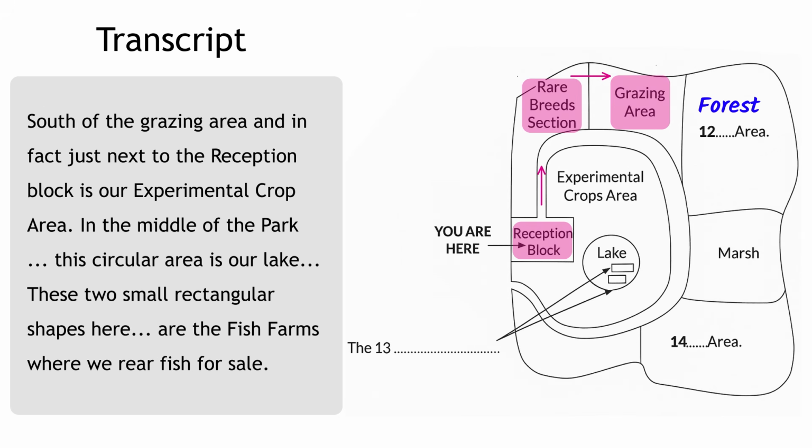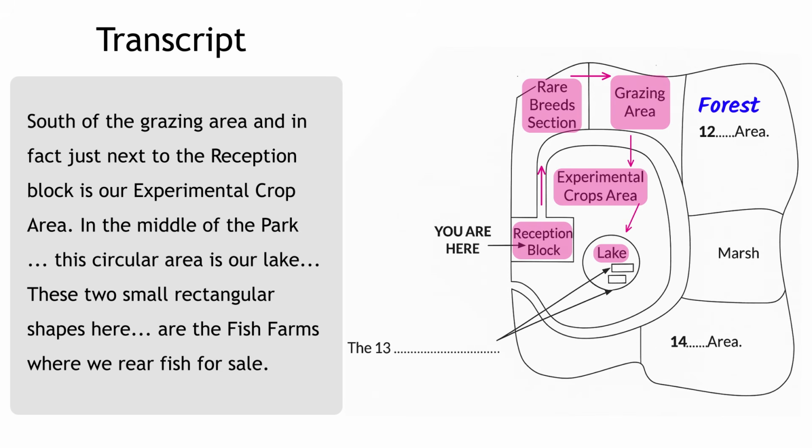"South of the grazing area, and in fact, just next to the reception block is our experimental crop area." So we are close to number 13, all right? "In the middle of the park, the circular area is our lake." Now, that's it. Here is the answer: circular area and lake.